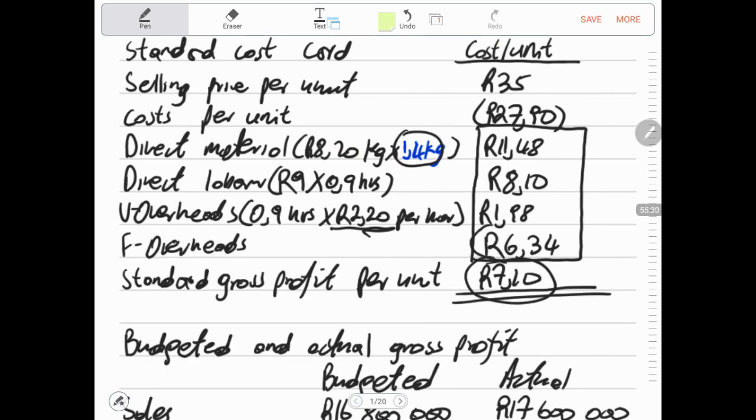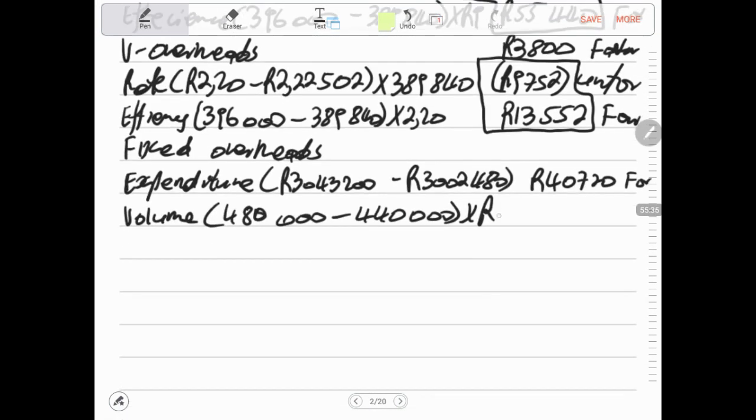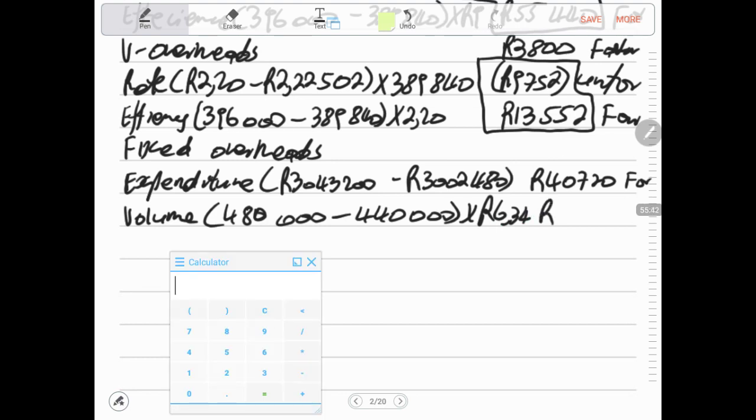Standard fixed overhead per unit was 6 rand 34 cents. 480,000 minus 440,000 is 40,000 times by 6 rand 34 cents, and this is 253,600.